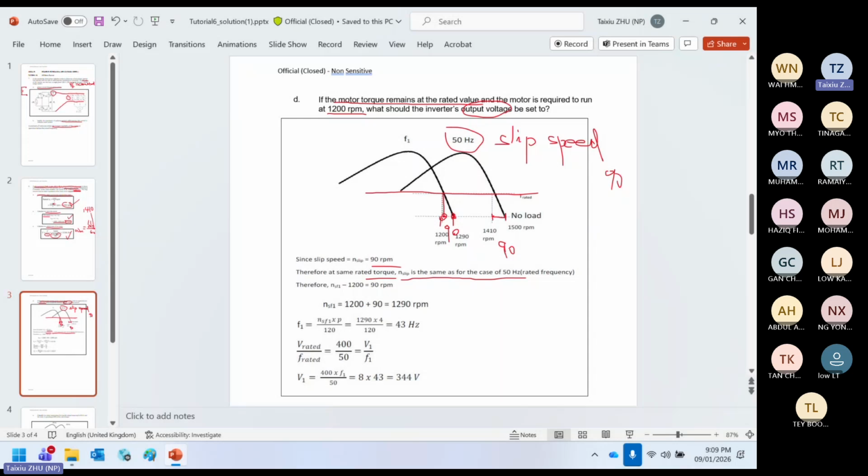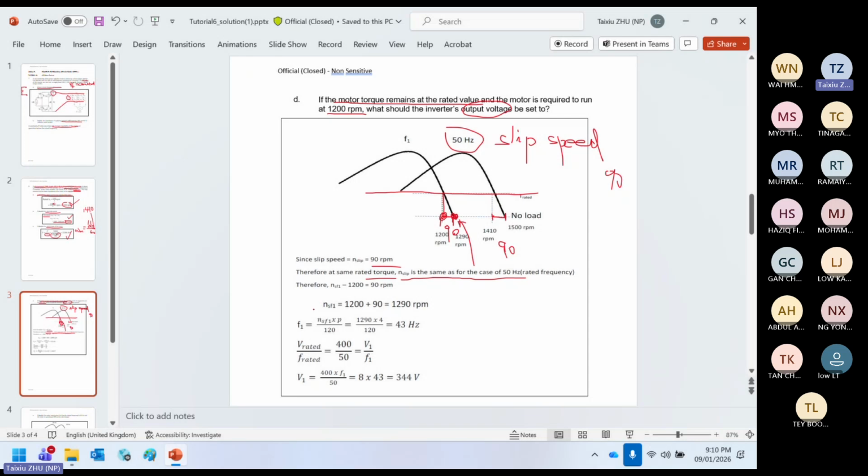Okay, then we can find something interesting. So therefore, the speed here, how much should it be? Now this is the new synchronous speed here. How much is it? If I know here is 1,200 and the distance here is 90, can you find this one?